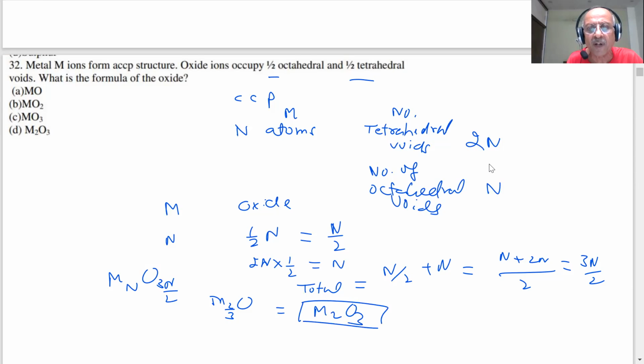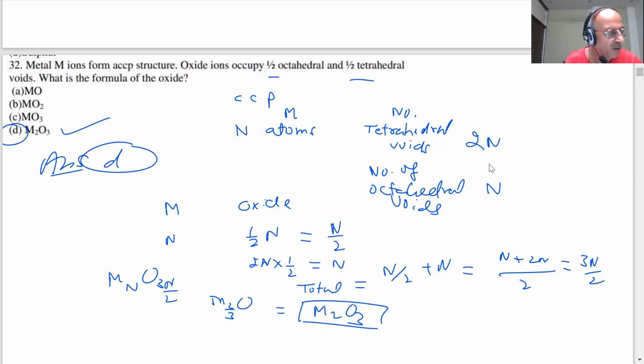M2O3. Okay, what is the correct answer in this case, students? As you can see, M2O3, so this is the correct answer. Answer is D, student. Answer is D. Question number 32, M2O3.